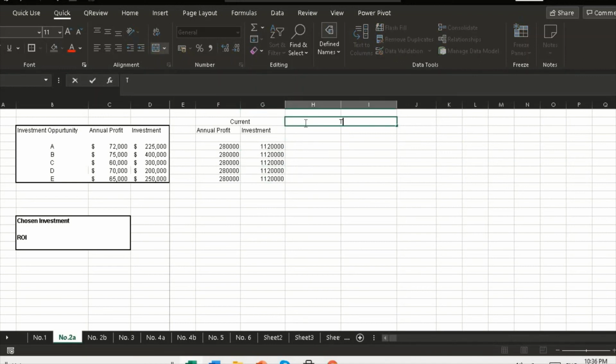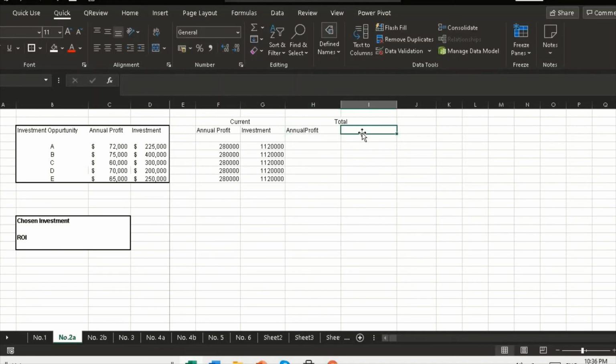To calculate the ROI, we will combine the two figures, the one referring to the individual investments and the one referring to the division itself.